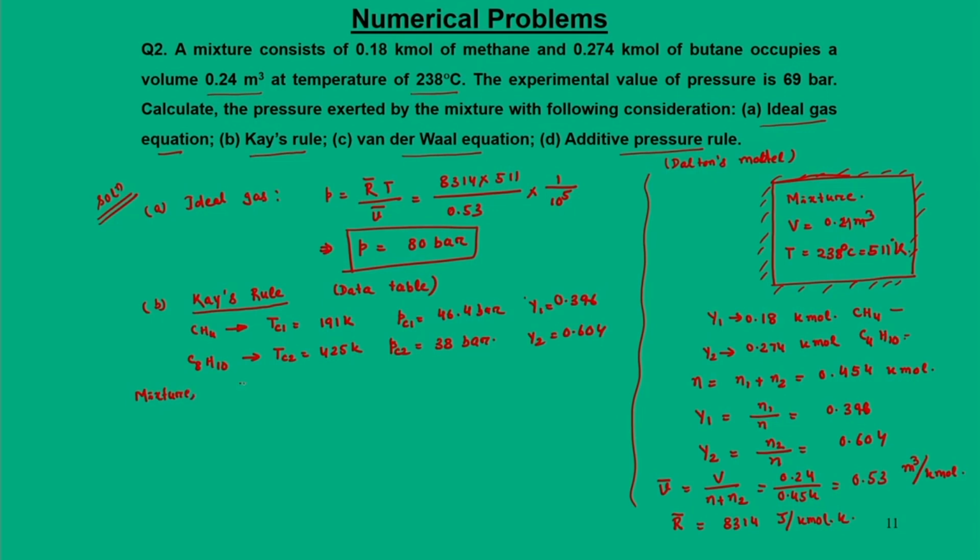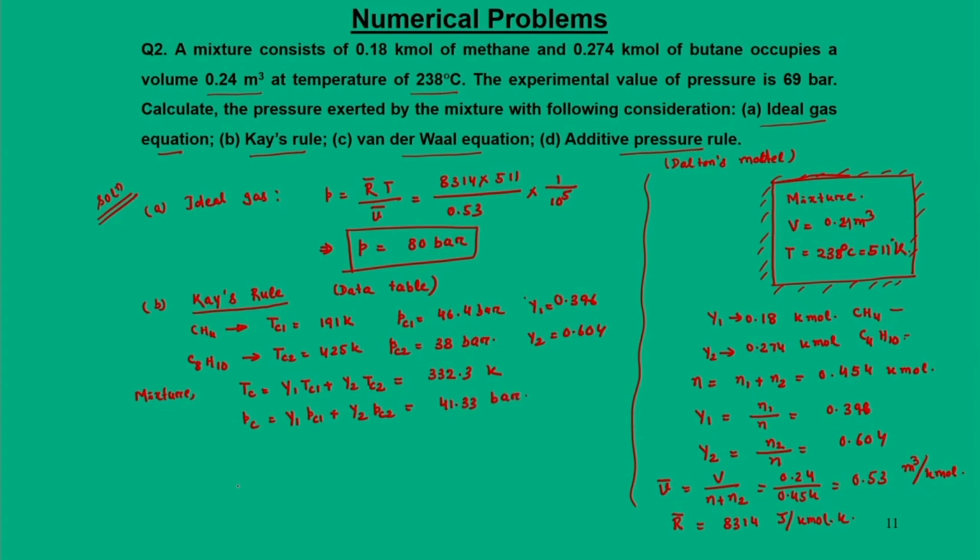For the mixture we can write TC is equal to Y1 TC1 plus Y2 TC2, and this value will be about 332.3 Kelvin, and similarly PC we can write as Y1 PC1 plus Y2 PC2, and this number will be 41.33 bar.